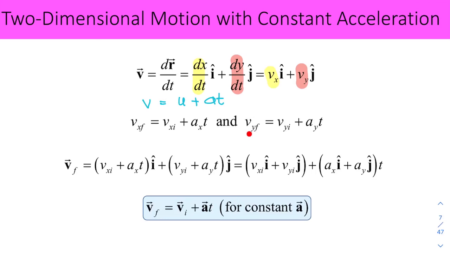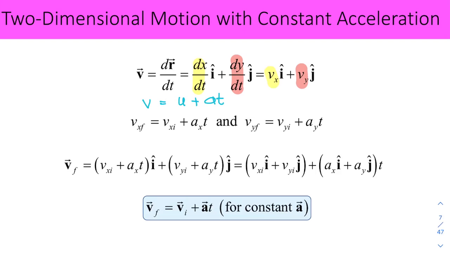V final in terms of the Y component equals V initial in terms of the Y component plus acceleration in terms of the Y component times t. So if you substitute this information into this, you're going to have this kind of pattern of equation. Here is your X component. Here is your Y component.